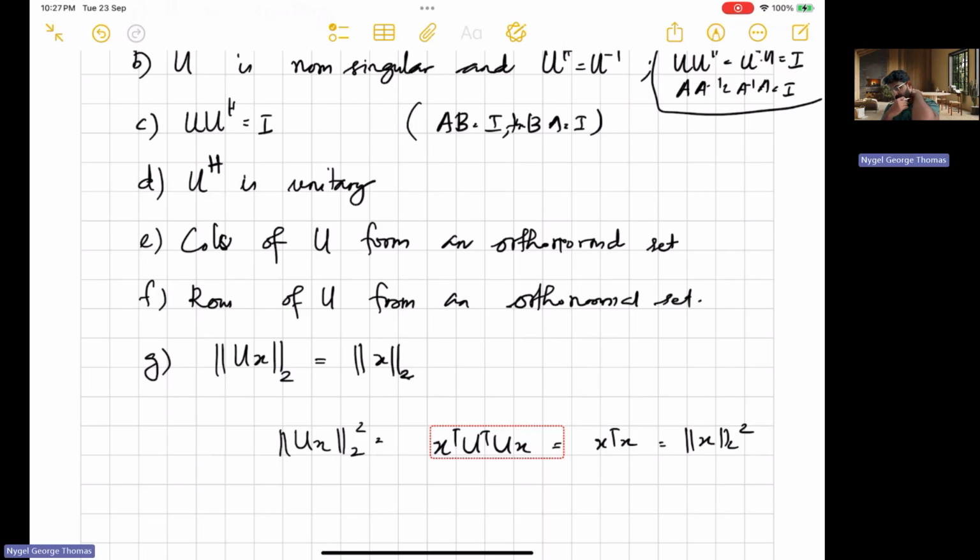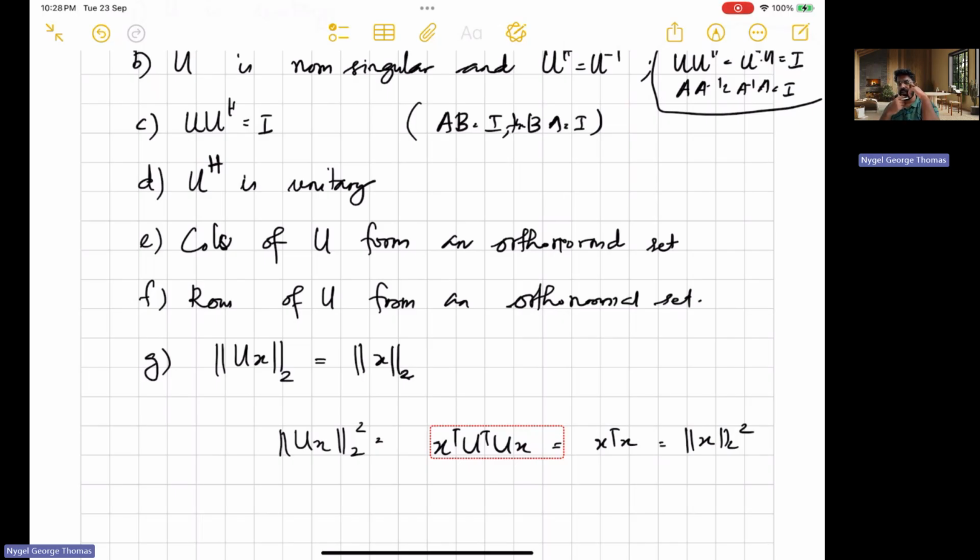What it means is, if somebody tells you that a transformation Ux preserves length in the Euclidean sense, you can say that U is an orthonormal, unitary matrix. Similarly, if the rows of the matrix U are linearly independent and orthonormal, then it's a unitary matrix. If columns are orthonormal, then they are unitary.